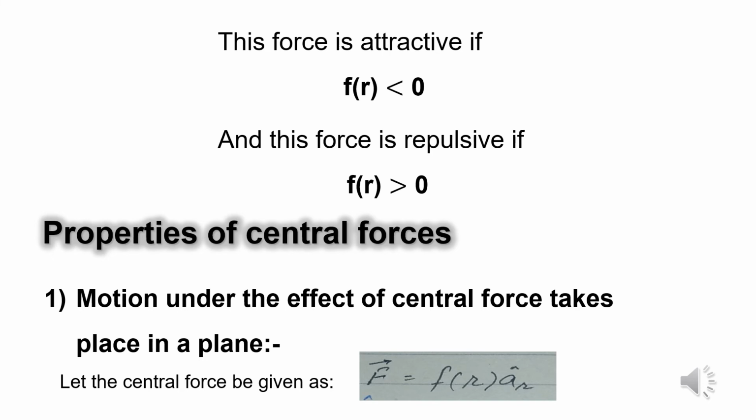Now, as we have discussed what central force is, you know that central force is of two kinds, one is an attractive force and the other is a repulsive force.